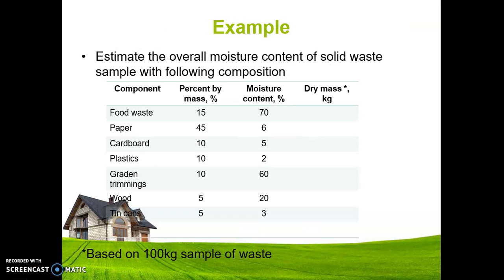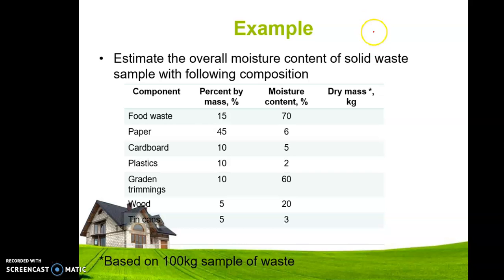Okay, so let's have a look at an example in your textbook, example 10.1. The example wants you to calculate the moisture content. Estimate the overall moisture content for the following composition. This is the solid waste, characterized under food waste, paper, and so on. This is given in the question, percent by mass.